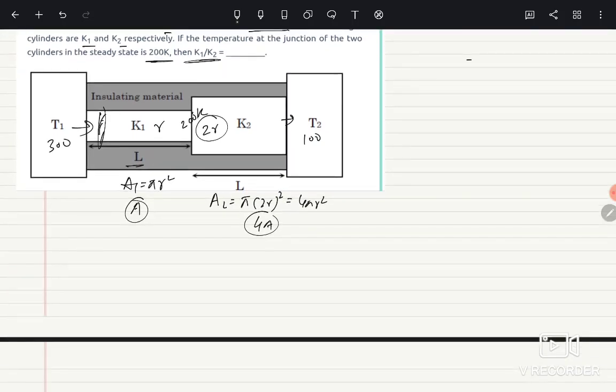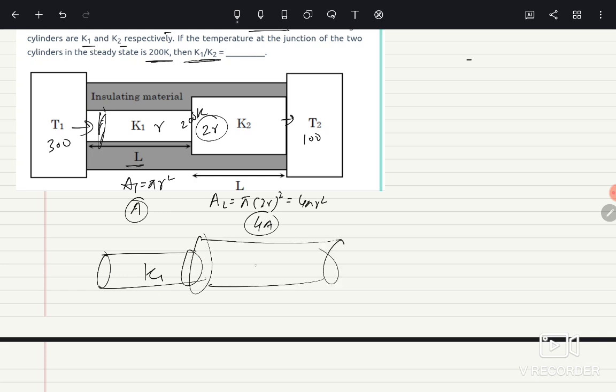Okay, so the heat is going from K1 to K2 like this. The temperature is T1 here and T2 here, so 300 is here and 100 is here.